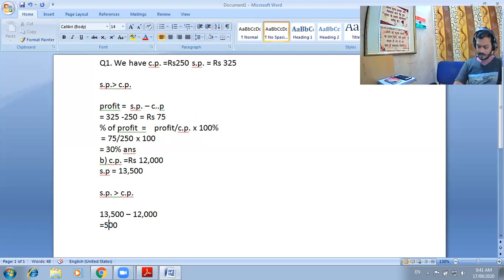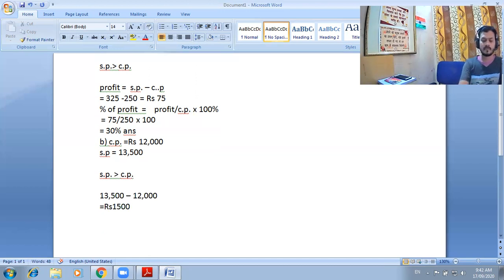Okay, that is equal to 1500 rupees. But calculate the percentage of profit. Reply me, how can we apply the formula?